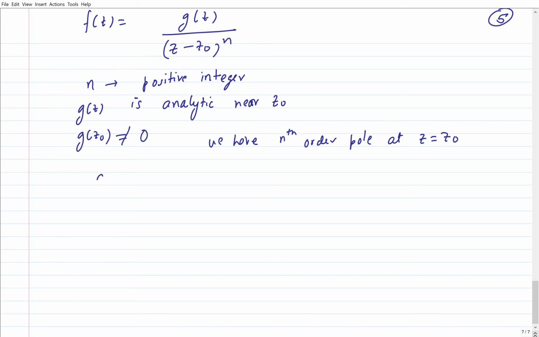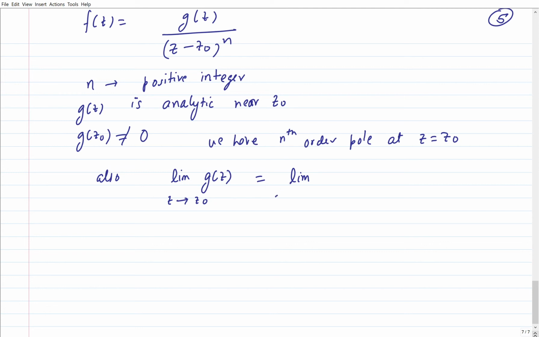And also, the limit of gz as z approaches z0. So in other words, I can express the same condition as, let me evaluate the limit.